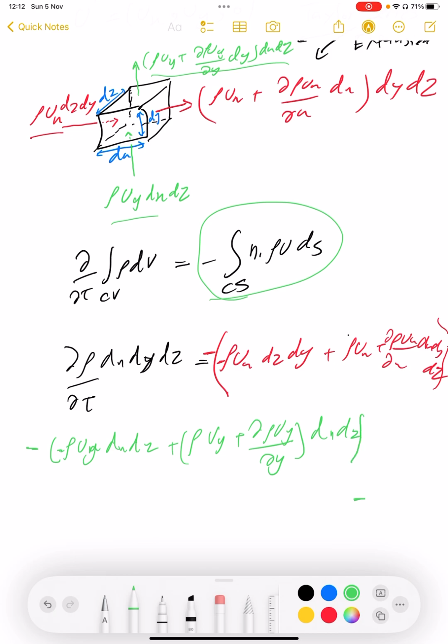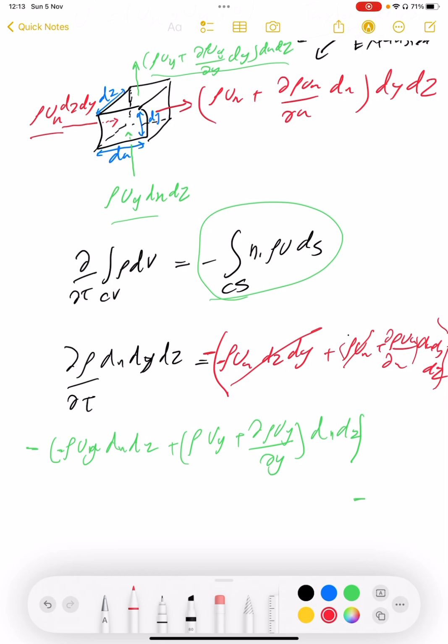Right. So if I simplify the equation on the left, in red, the amount of the fluid which is coming in and coming out in the x direction, you can cancel this term with this term out.